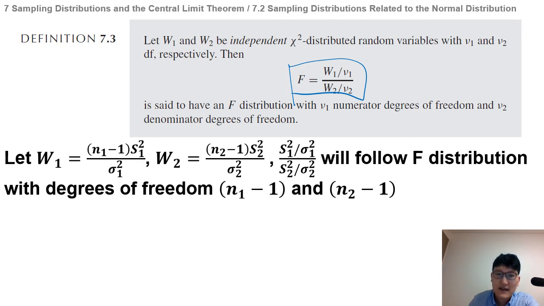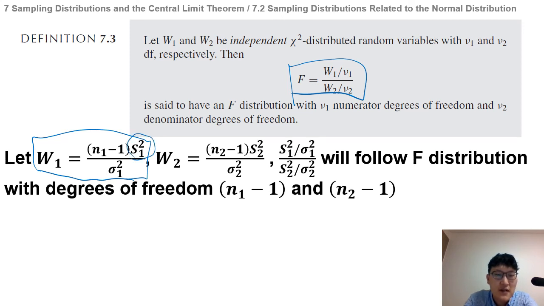Okay, and let's take W1 and W2 from the previous example. Previously we were talking about the population variance, how we can compare the population variance of two populations. The W1 can be related to the first population.